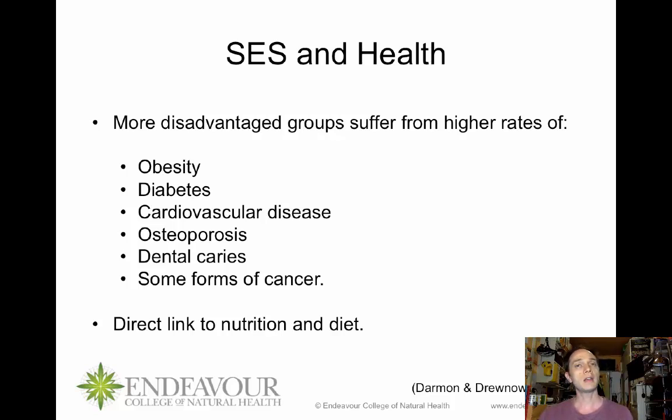We also know that people in higher socioeconomic groups tend to be thinner. They tend to make better food choices, so less intake of refined sugars, empty calories, trans fats, and saturated fats. And along with that, would be influenced by things like better educational status, better nutritional literacy.